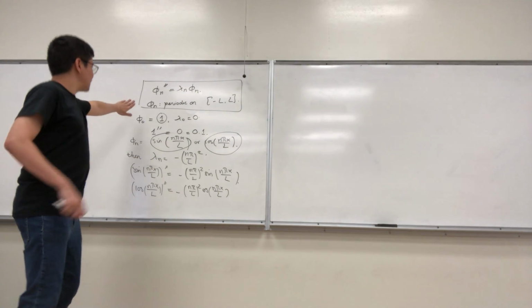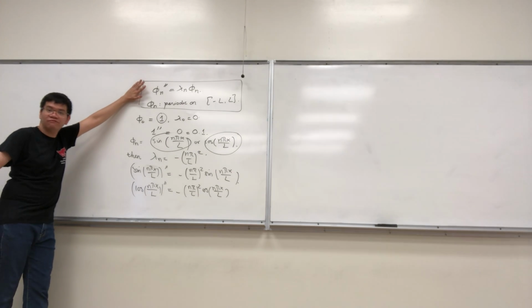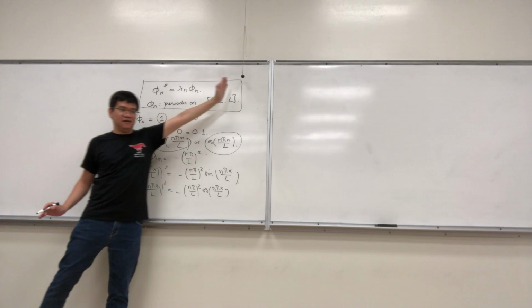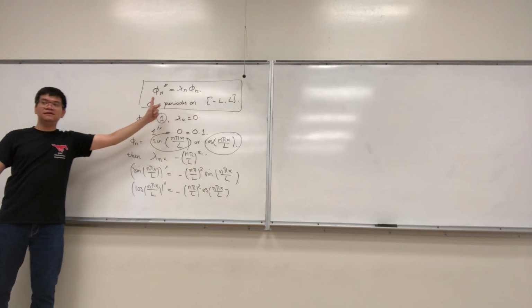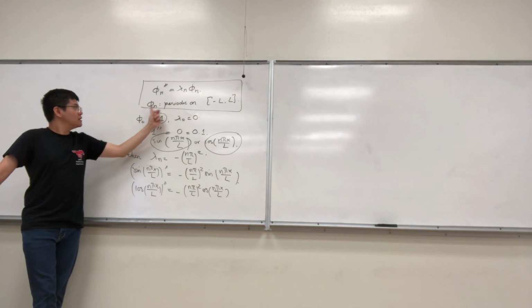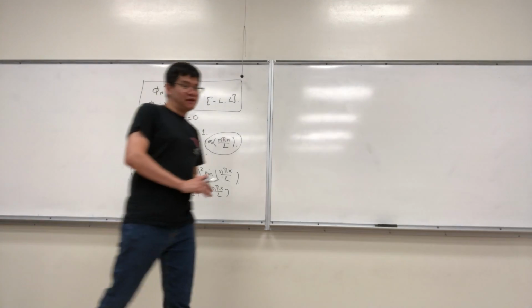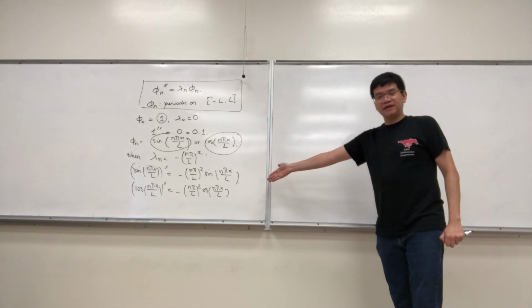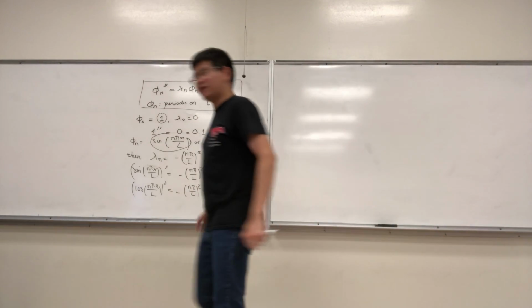So you have a system of eigenvalues and eigenfunctions for this eigenvalue problem: phi n double prime equals lambda n phi n, and phi n is periodic on minus L to L, right? So this is the meaning of the Fourier basis.